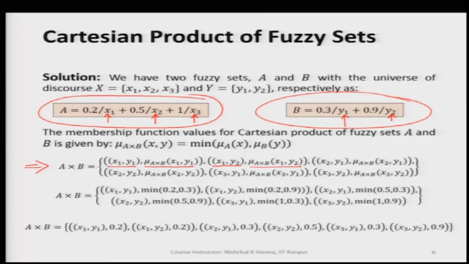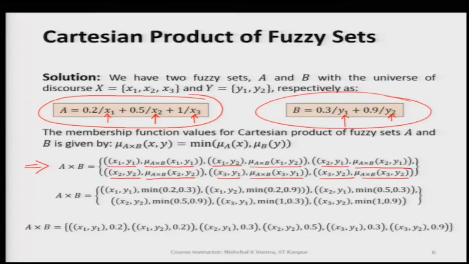Similarly, we will have x2 y1 and then the corresponding membership value, x2 y2 then the corresponding membership value, x3 y1 then the corresponding membership value, and x3 y2 then the corresponding membership value.